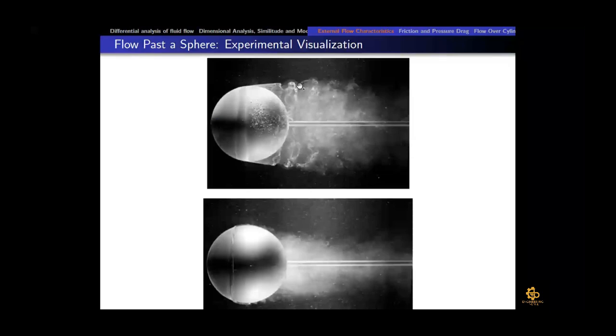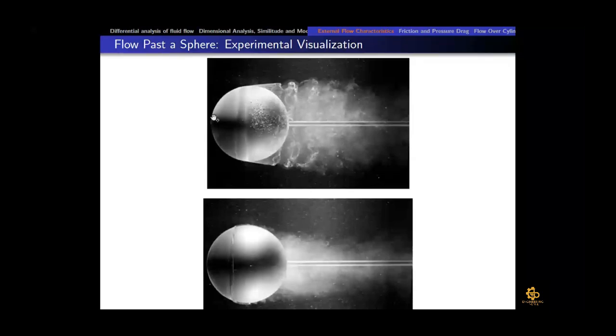But this wake region becomes very small in the bottom figure, where we have higher Reynolds number. So at higher Reynolds number, the thickness of the wake region becomes small as compared to the case when the Reynolds number is low.